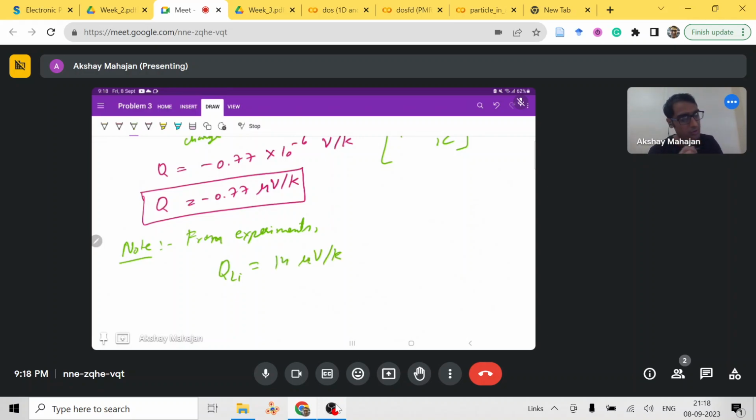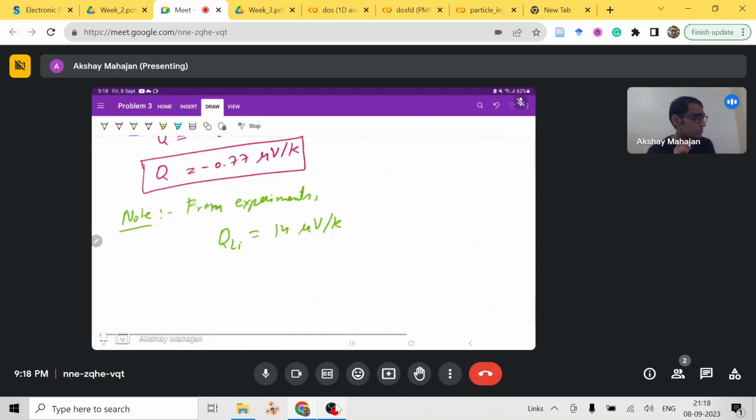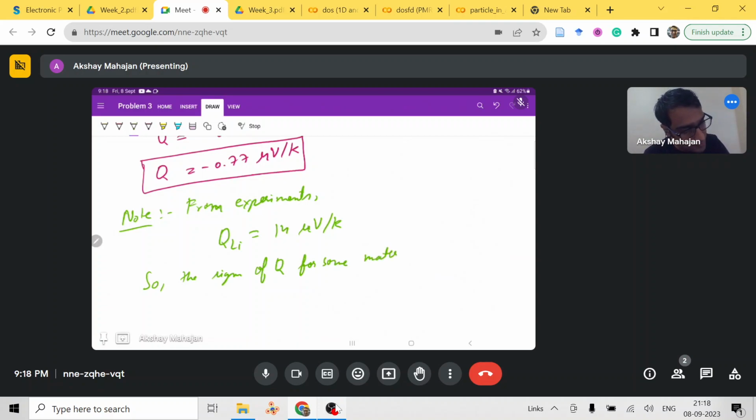So you can see that even the sign of Q for some materials like lithium, for example that we have seen, is not correct.